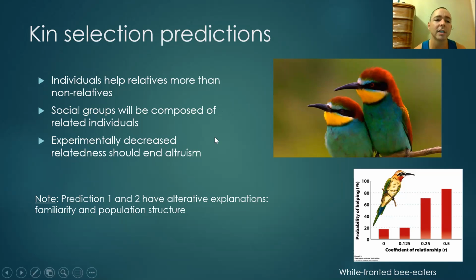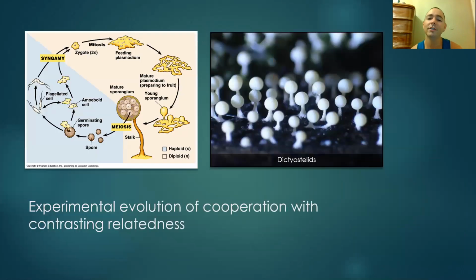Now, the third prediction, that experimentally decreasing relatedness should end altruism, is actually a much finer test. Enter slime molds. Dictyostelium are little proto-animal slime molds that spend most of their lives as mobile little amoebae, basically moving around in the soil, eating bacteria.